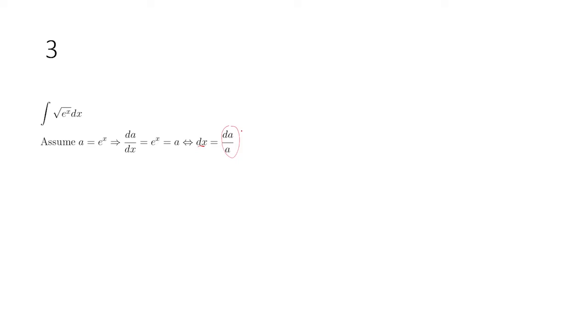Now we can substitute a and dA into the original integral. That would be the integral of the square root of a multiplied by 1 over a with respect to a. So we can just work around these exponents. This is going to be a to the power of 1/2, and this is a to the power of -1.